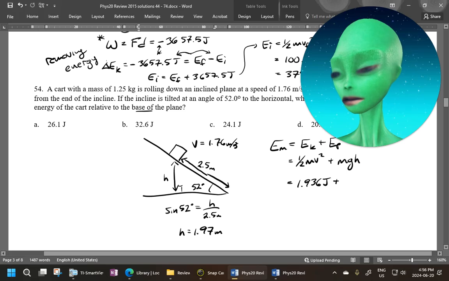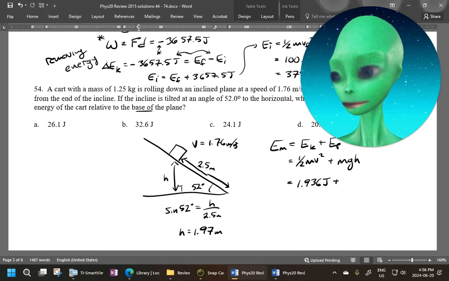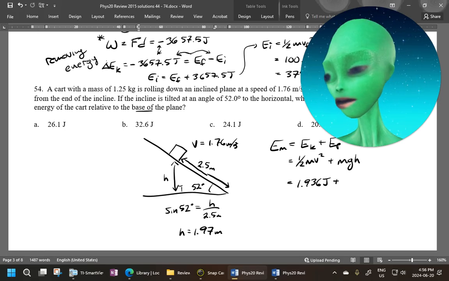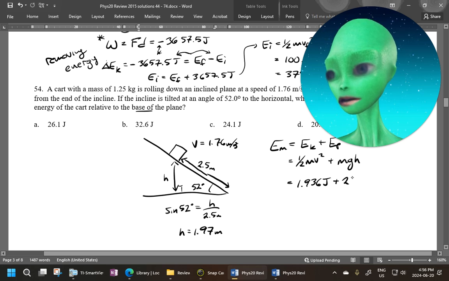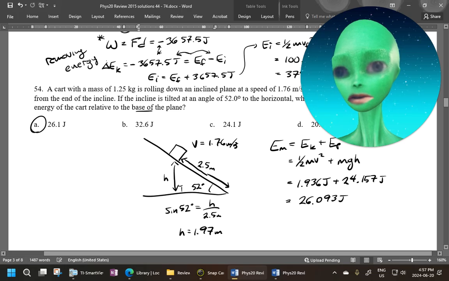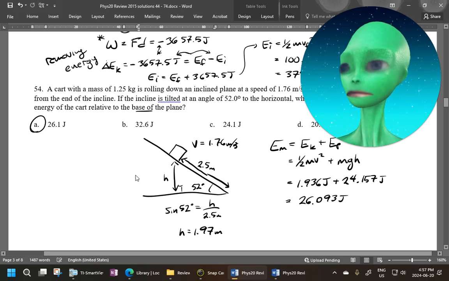And assuming we're on Earth here, we have approximately 24 joules of potential energy, and we're going to add these together. Get 26.1. So I actually get 26.093 joules, which rounds to A there.